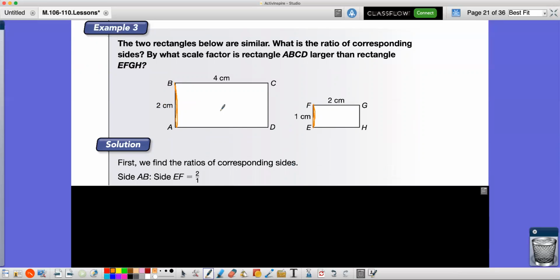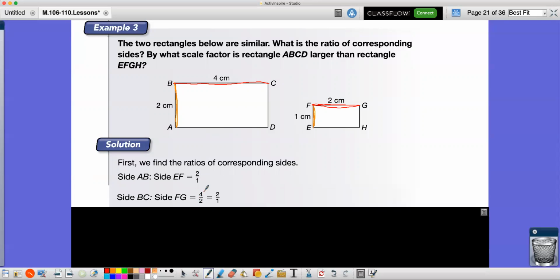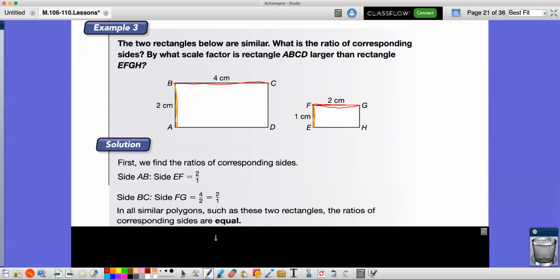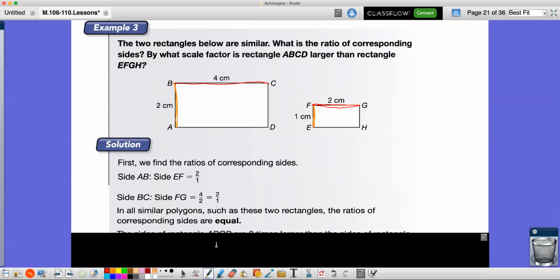Because you can see it's 2 centimeters to 1 centimeter. We can also see that on this side, side B to C corresponds to side F to G, and that's also a scale of 2 to 1 because it's 4 to 2, which reduces to 2 to 1. In all similar polygons, such as these two rectangles, the ratios of corresponding sides are equal.